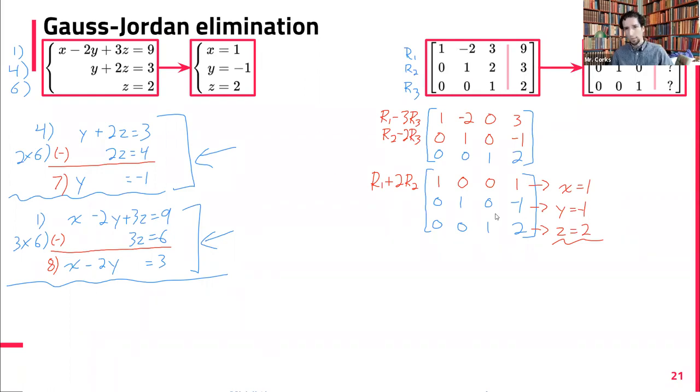So definitely saves us some time once you're familiar with it, and keeps things organized. It's a lot easier to look at a solution and look at someone's steps or someone's process for a system of equations as a matrix versus just the regular system.